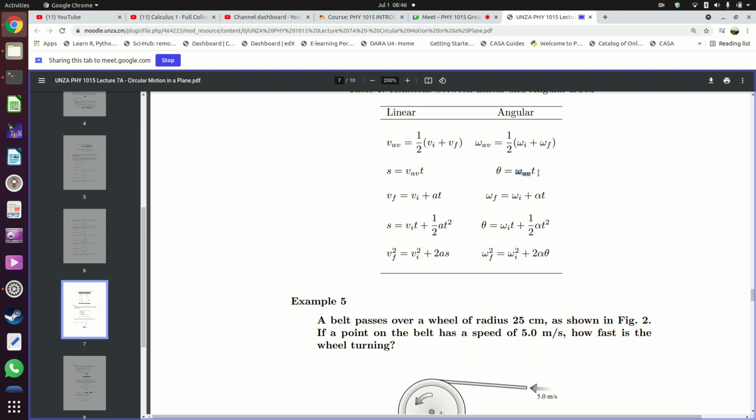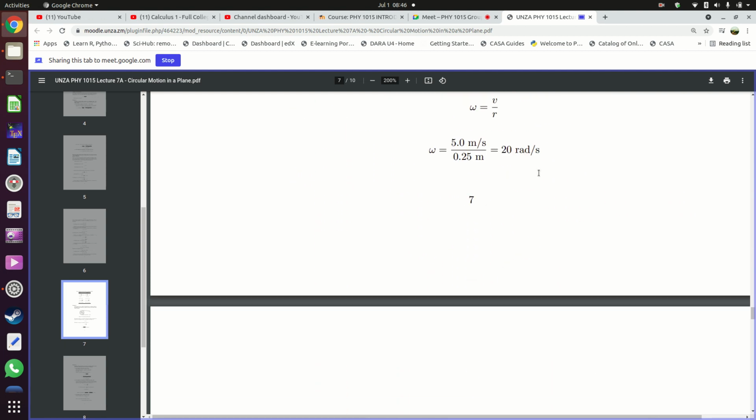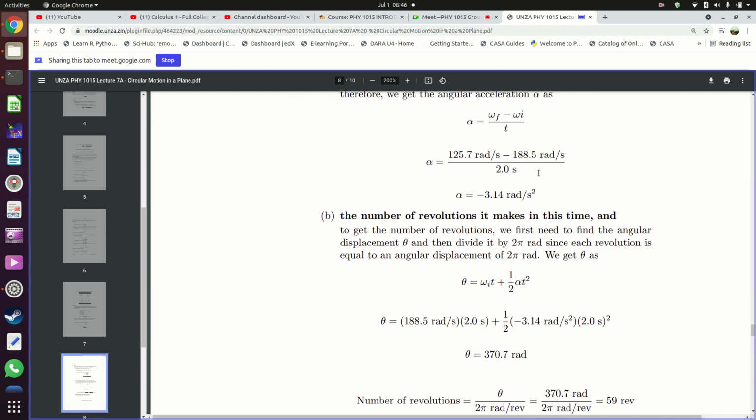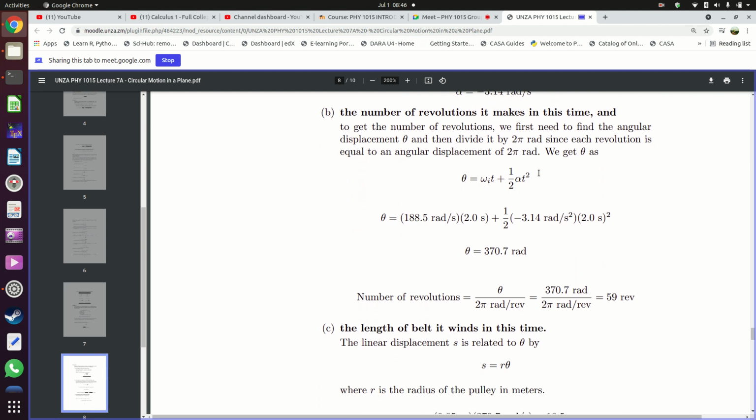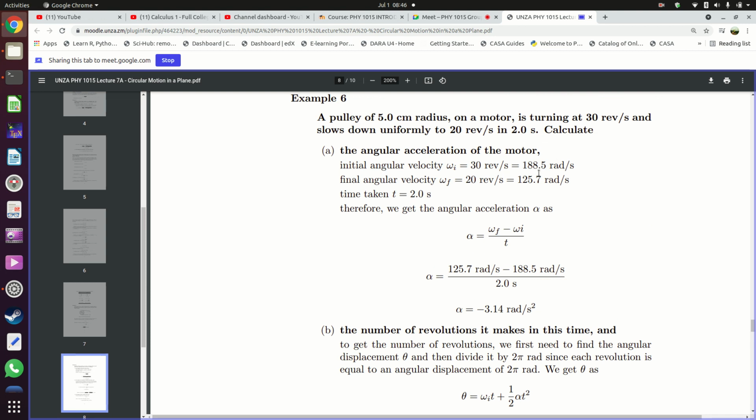Then we multiply it by the time. That should give us the angular displacement. How much is that? 188.5 plus 125.7, how much do you get? 157.1. Then divide by 2.